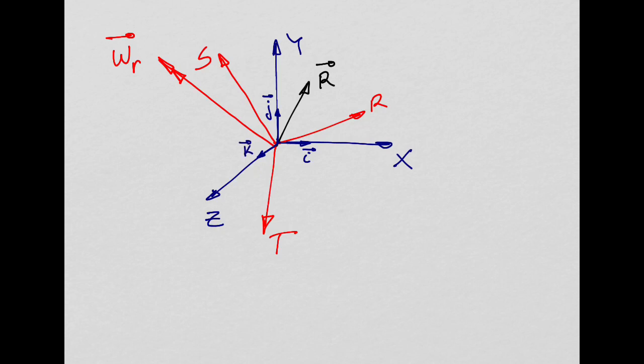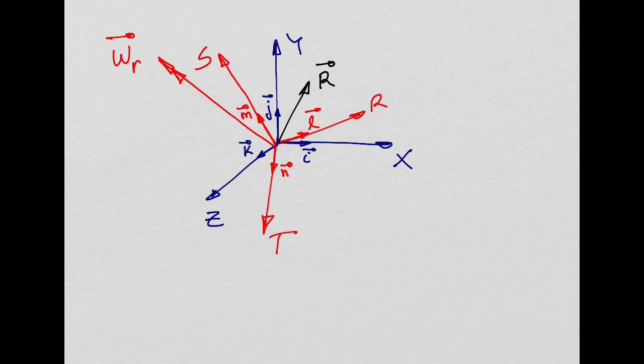For the coordinate system in red, RST, you have L, M, N. These are unit vectors. They define the directions of the axes of each coordinate system.